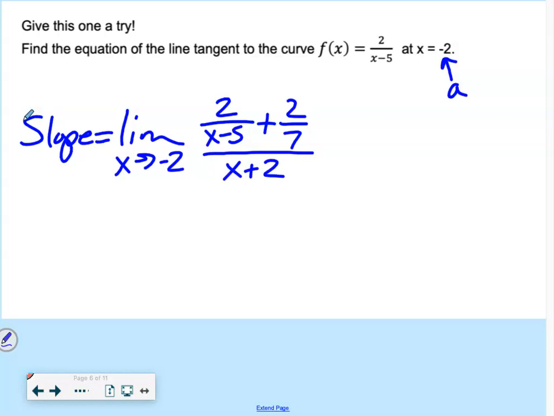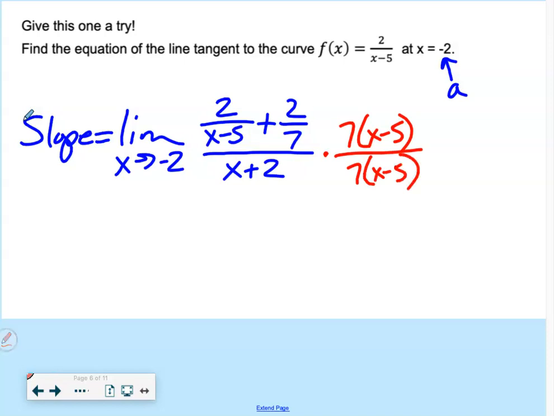All right. How do we deal with a complex fraction? If you don't like this method, it is fine to combine like you've always done. I like this method, it just saves me a little time. I'm going to multiply the whole top and the whole bottom by the LCD.